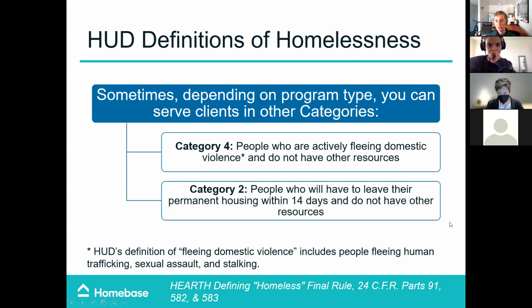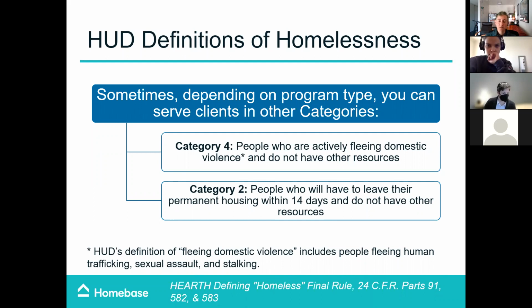And then the other category that we sometimes see being served is people who are at imminent risk of meeting HUD's category 1 definition, basically, at imminent risk of homelessness. So people who will have to leave their current residence within 14 days and do not have other resources.